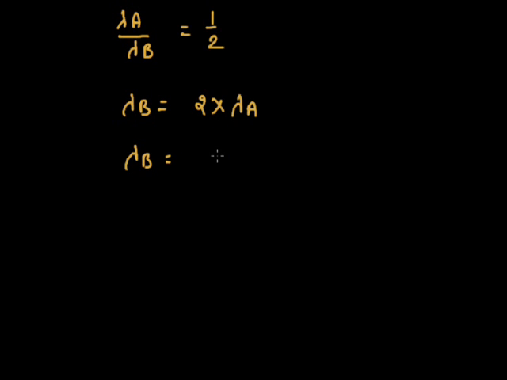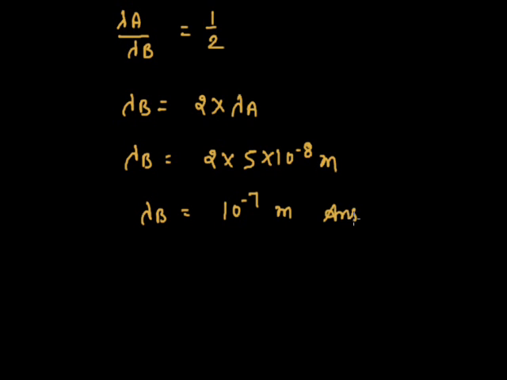We know the value of lambda A, and we have to find lambda B, which will be 2 into lambda A. The value of lambda A is 5 into 10 to the power minus 8 meter, so lambda B will be 10 to the power minus 7 meter.